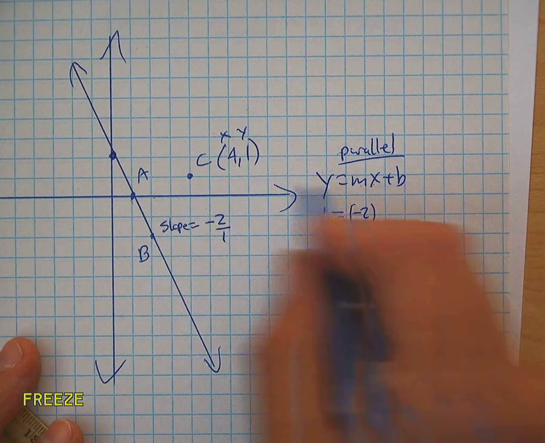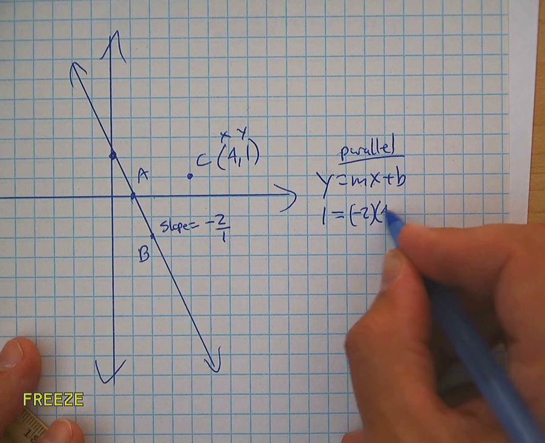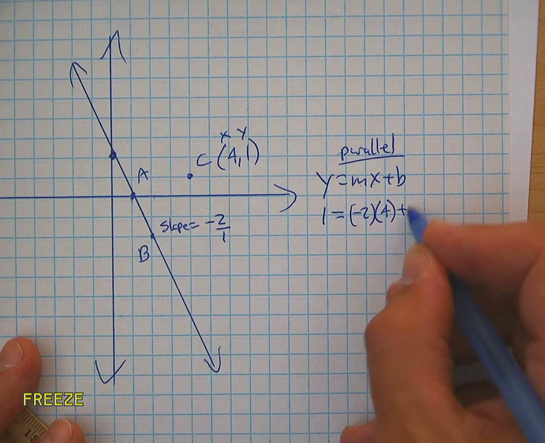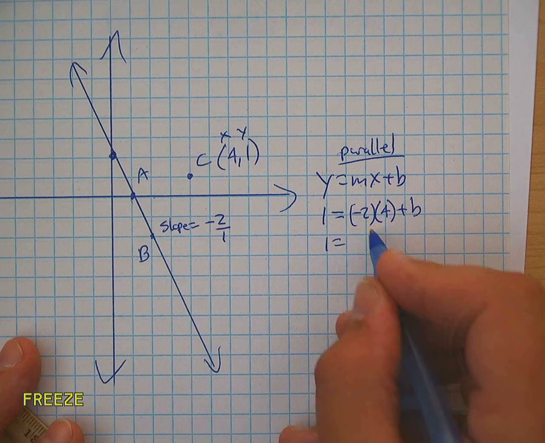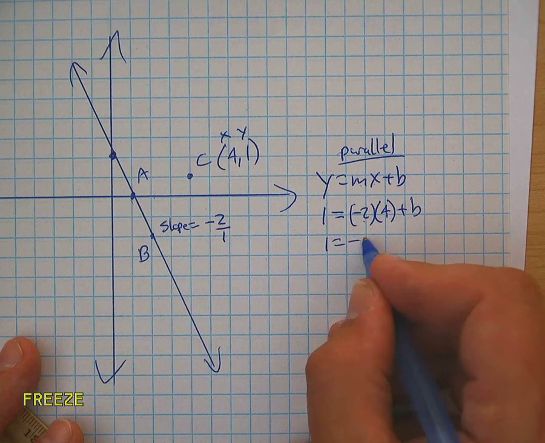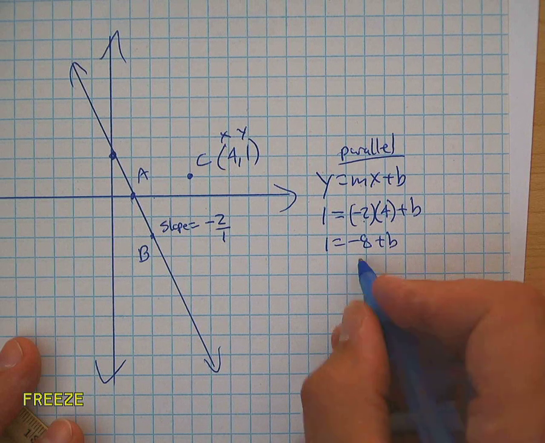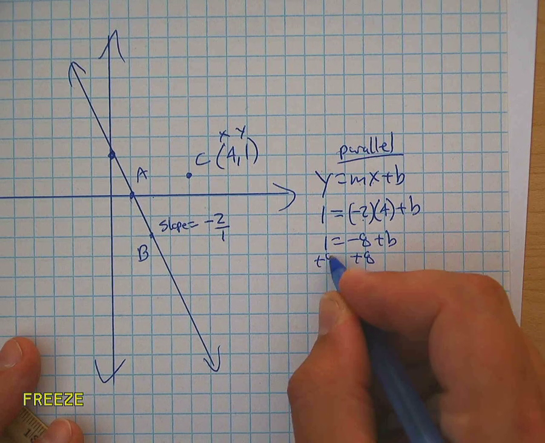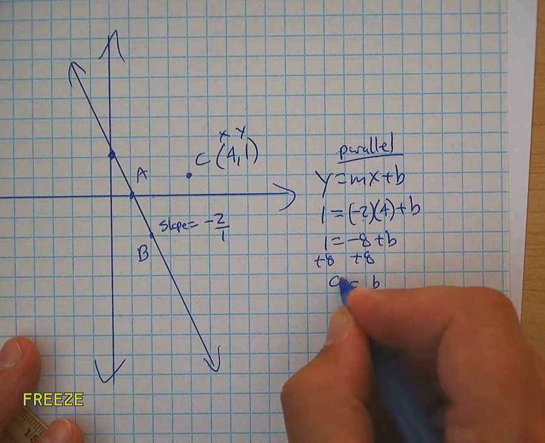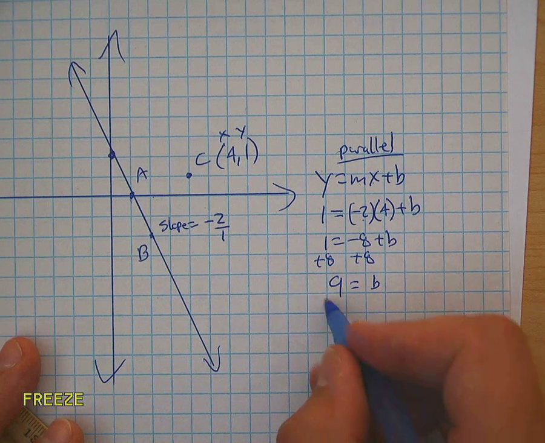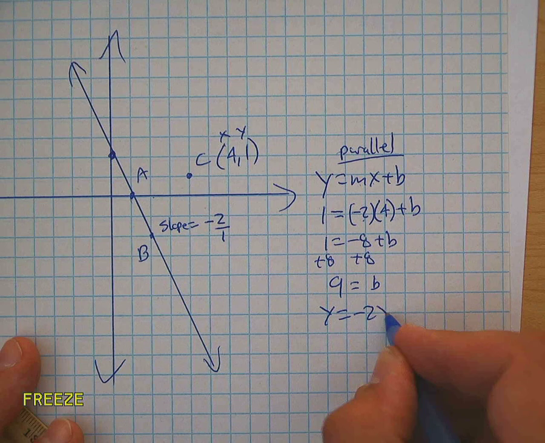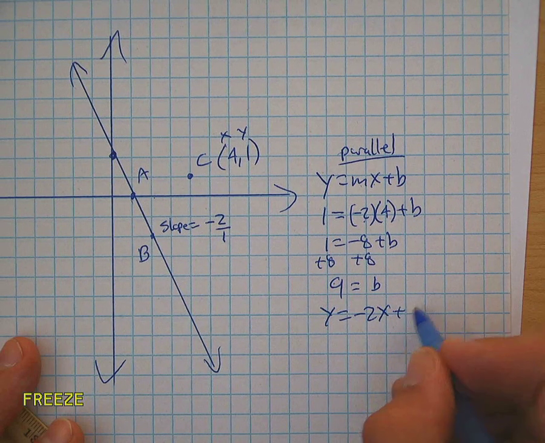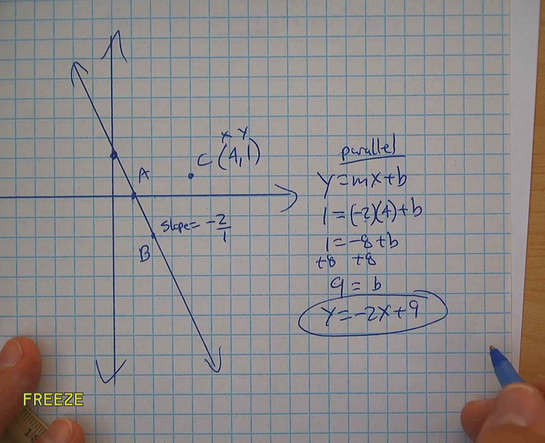I'm going to put in my x value, which is 4, plus b. First, I multiply these together. I get negative 2 times 4, which is negative 8, plus b. Add 8 to each side. I get b is equal to 9. So my new equation is going to be y equals, keep that negative 2, negative 2x plus 9. That's where I'm getting that from.